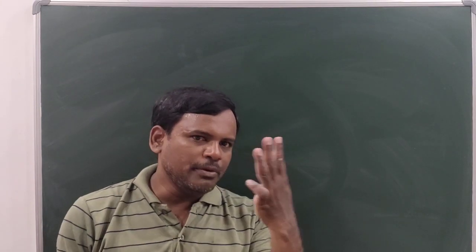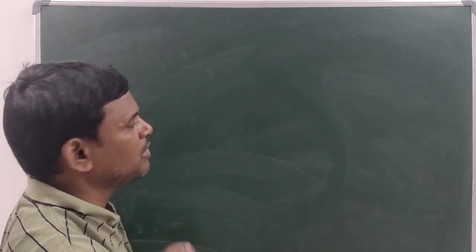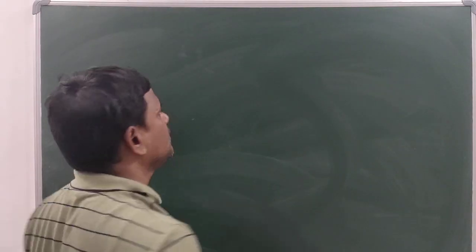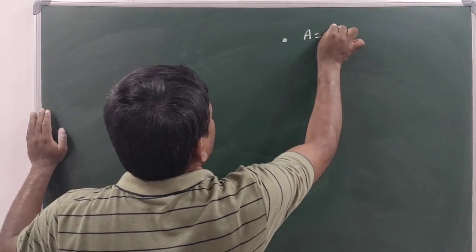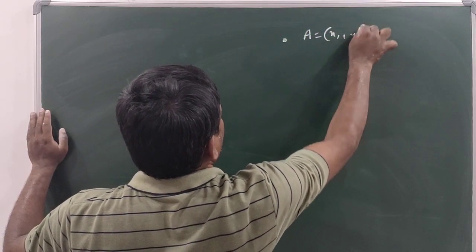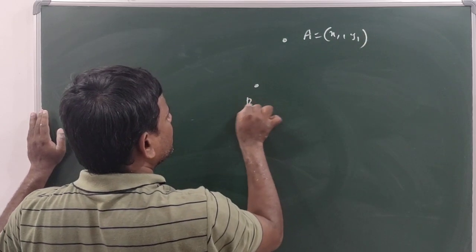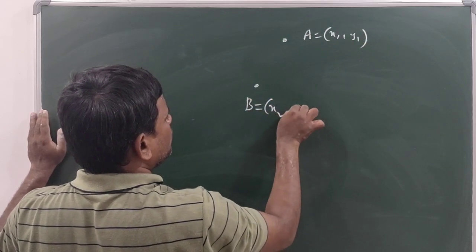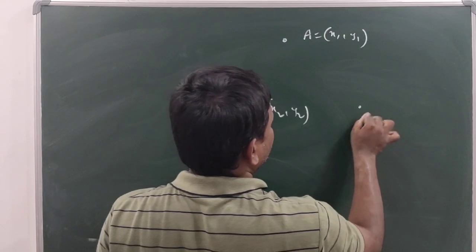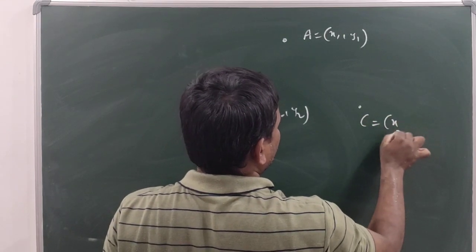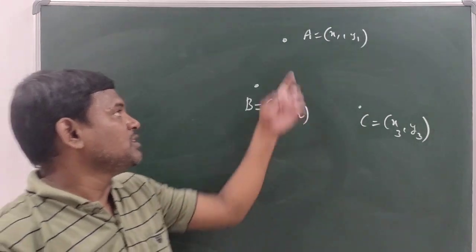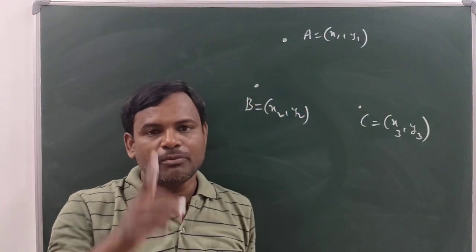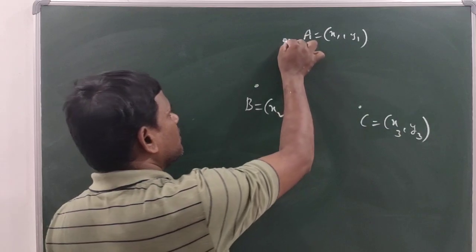Next. Suppose 3 points are given, and those 3 are non-collinear points. Let us take those 3 points as A x1 comma y1, B x2 comma y2, C x3 comma y3. From these 3 non-collinear points we can draw one circle only.